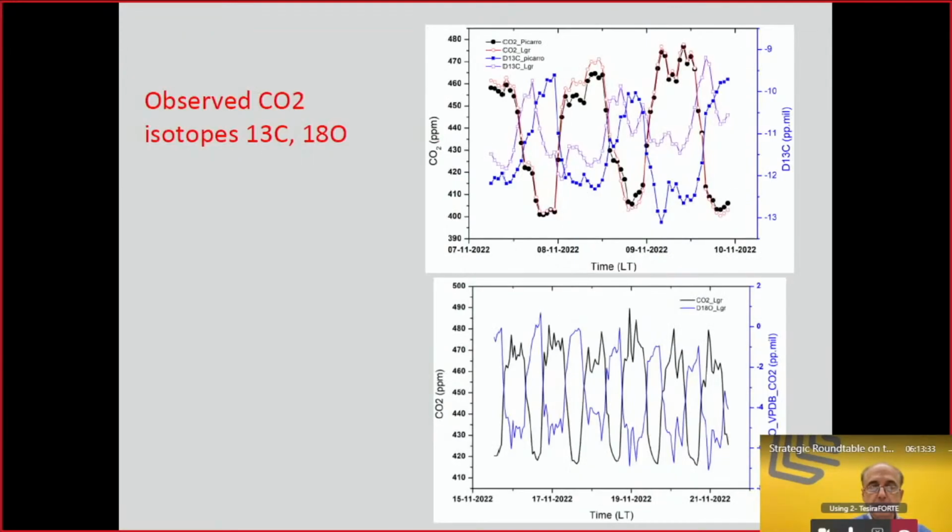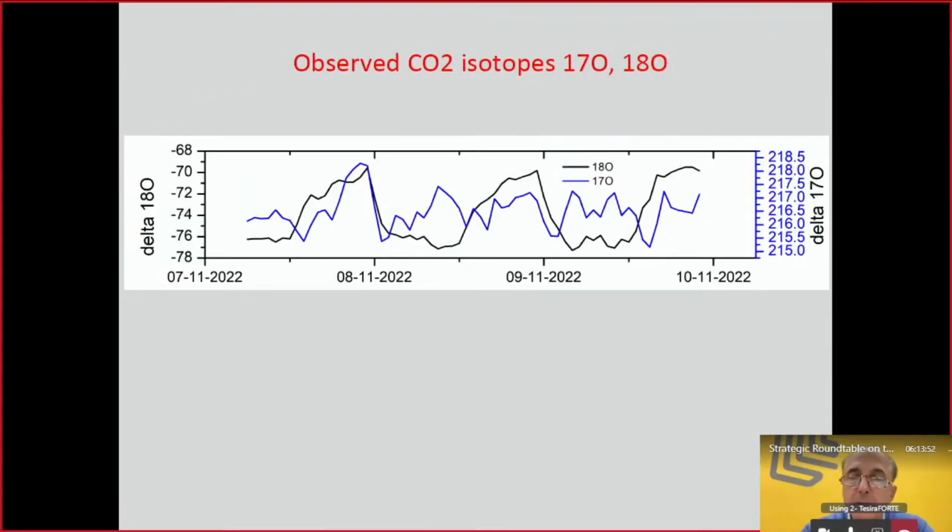Next. We are not only measuring delta 13C, but also delta 18O of CO2. Basically, it's not only 18O but 17O also. So this plot shows the variation between CO2 delta 13C and CO2 delta 18O. Next. So you can see in this plot the measured delta 18O and delta 17O.